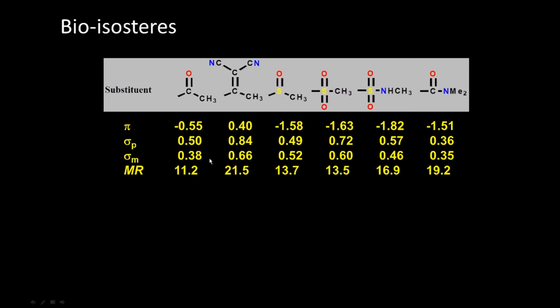This is becoming more negative. Okay, so sigma for this, look at this, sigma is like this. MR for this, molecular refractivity, is like this. Sigma for para, sigma for meta substitutions.